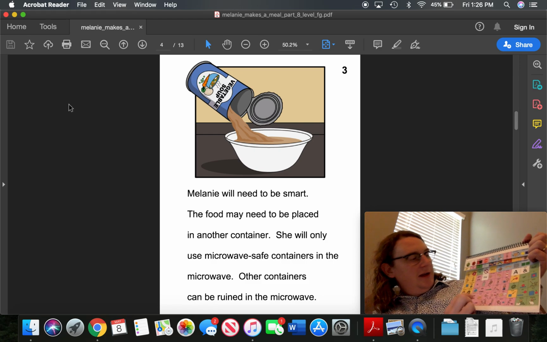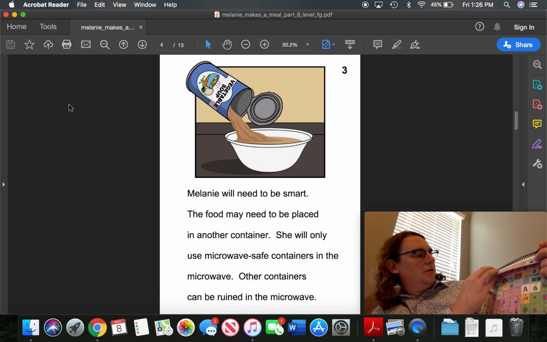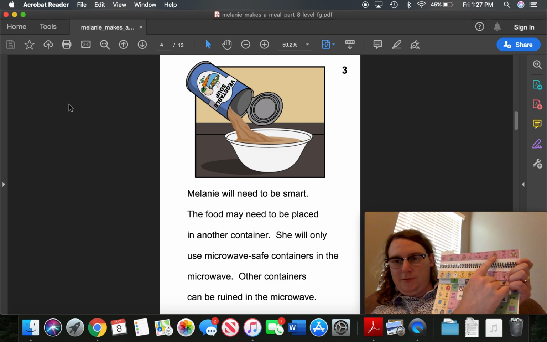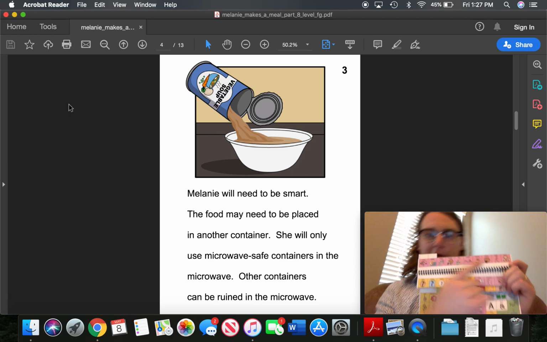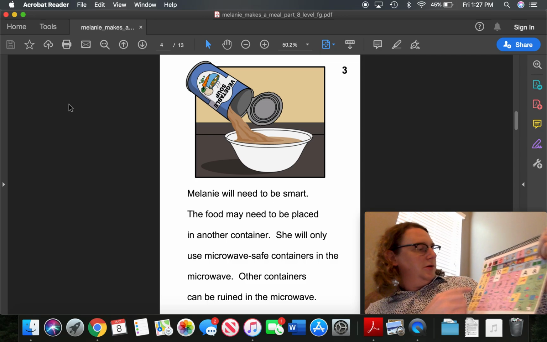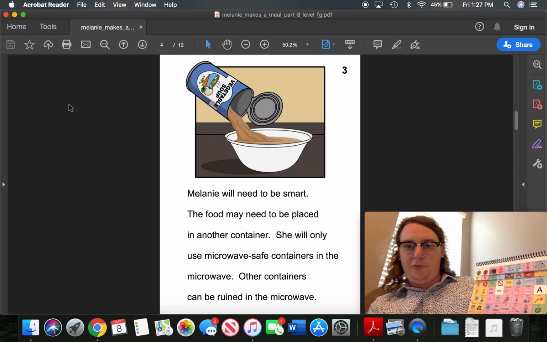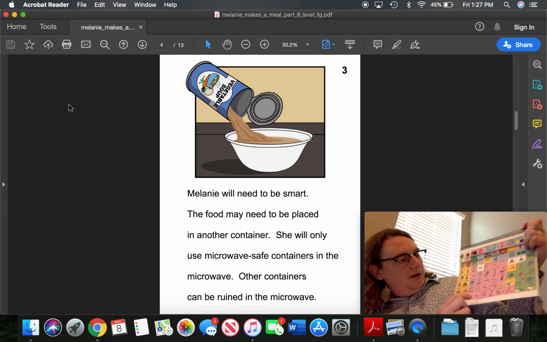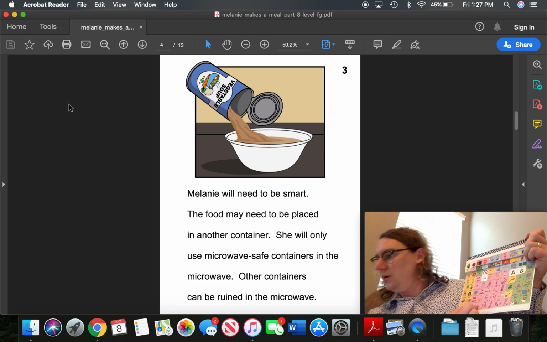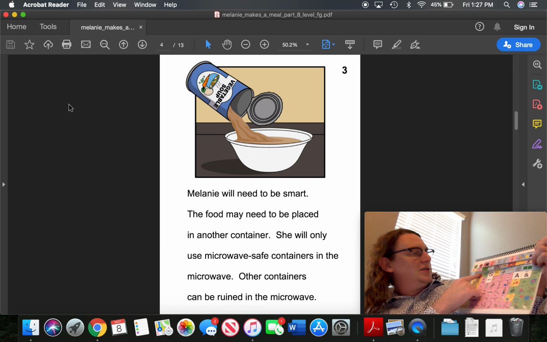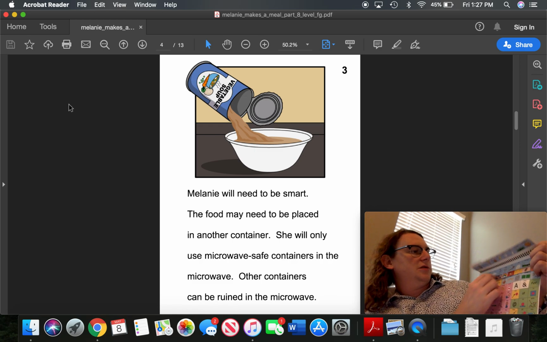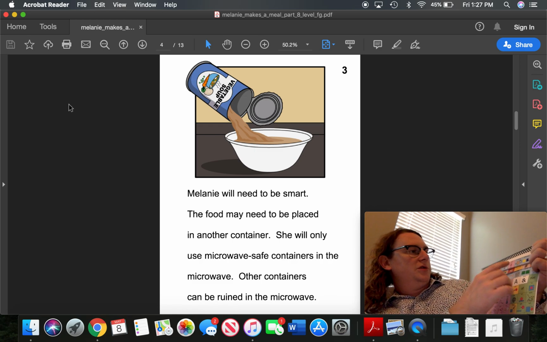She needs to think. She needs to think. It, and I would point at the food, it needs to be in something, and I think, oh, actually different is up here.